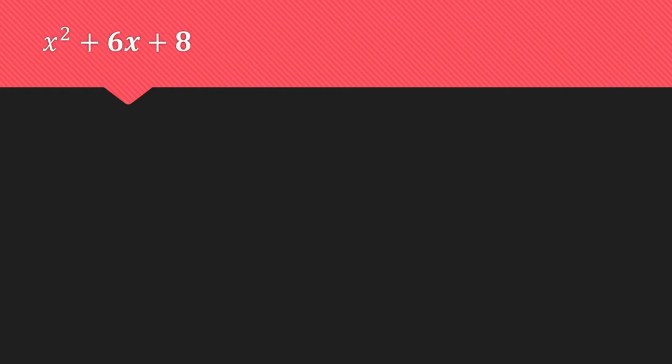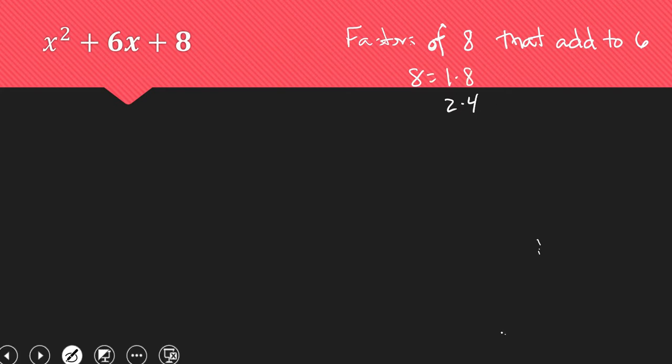So let's look at this one, x squared plus 6x plus 8. Again, I want factors of 8 that add to 6. I'm sorry, my pen is not working well today. So factors of 8: 1 times 8, 2 times 4.